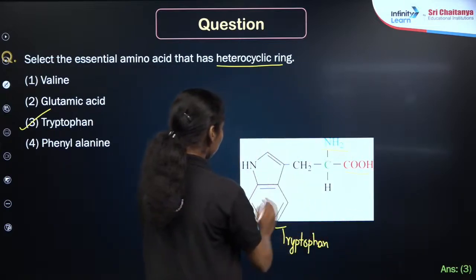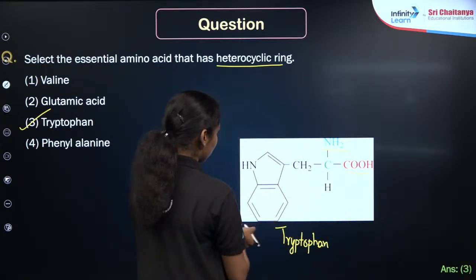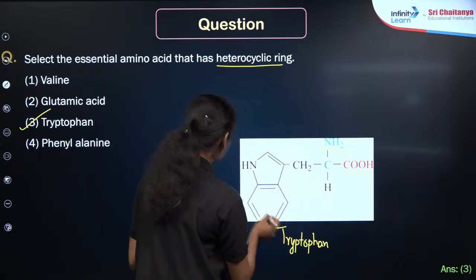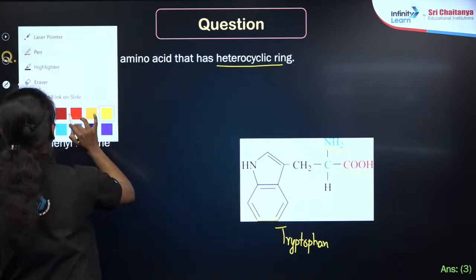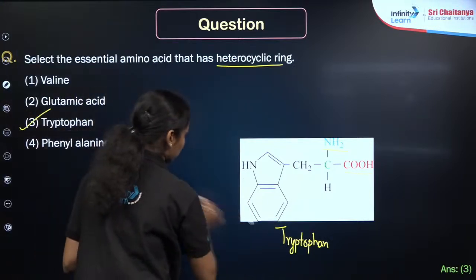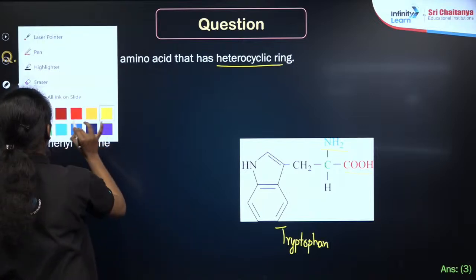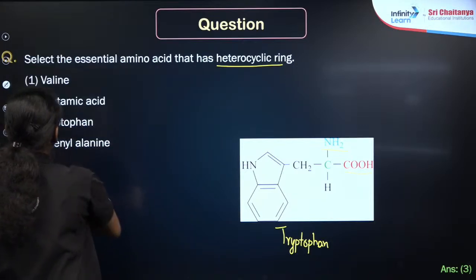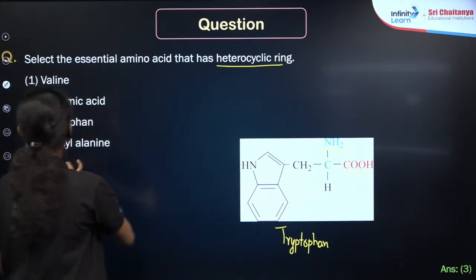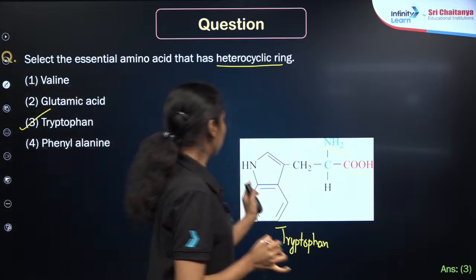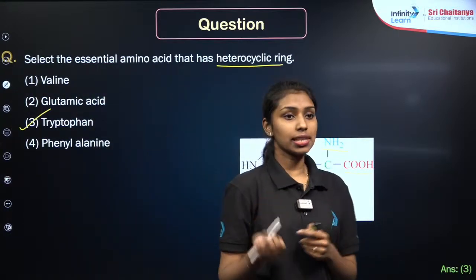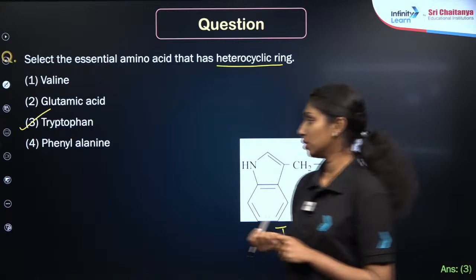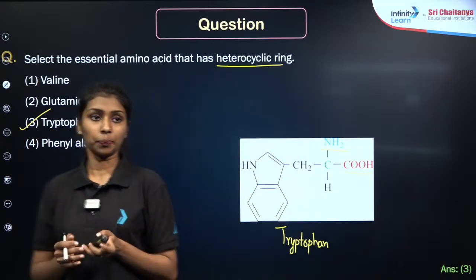Then it is connected to another heterocyclic ring, which is again fused with the benzene ring, right? So we can select the essential amino acid having a heterocyclic ring as tryptophan. Clear? Option 3 is the correct answer.